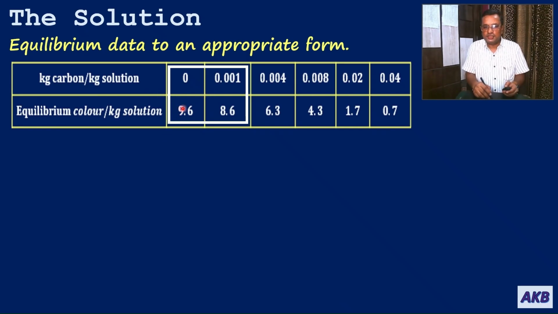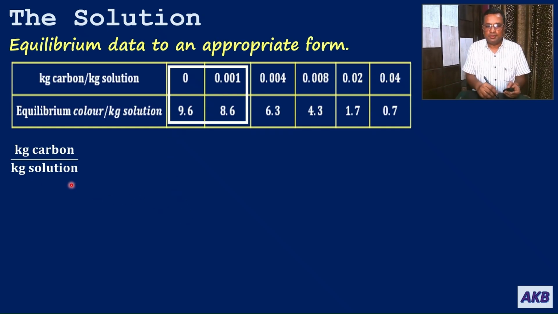The color reduces from its original value 9.6 to 8.6. That is, when 0.001 kg of carbon is added to 1 kg of solution, the color concentration in 1 kg of solution reduces from 9.6 to 8.6.